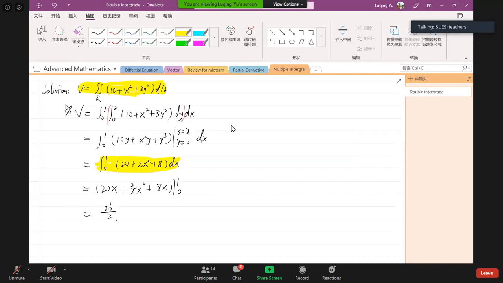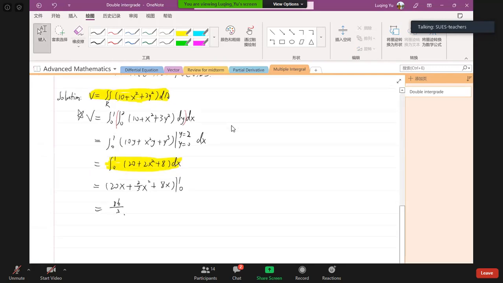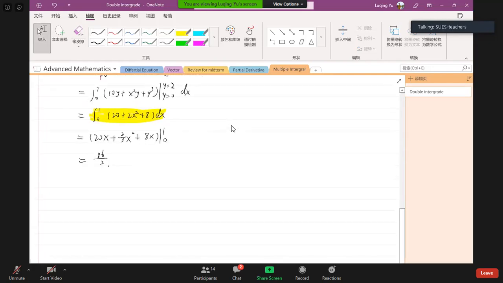Typically, I will not put these kinds of rectangular area integral questions in our calculation, proof or application questions. Typically, it should be just fill-in-the-blanks, just to see whether you have a good understanding of what the multiple integral is.